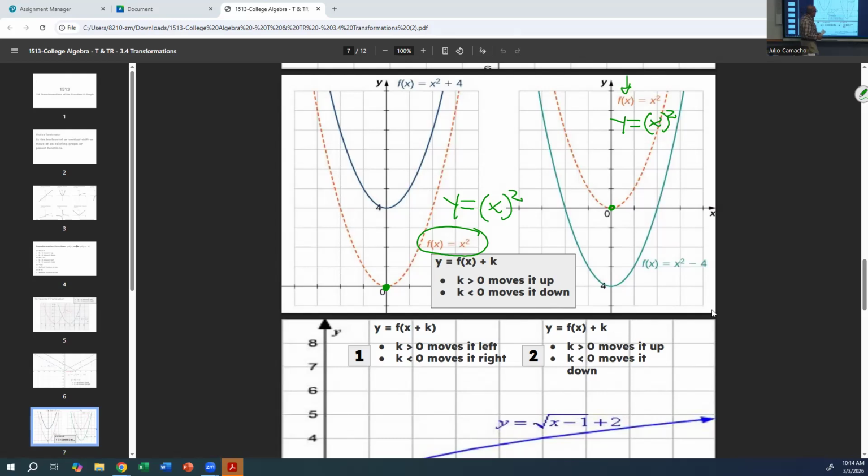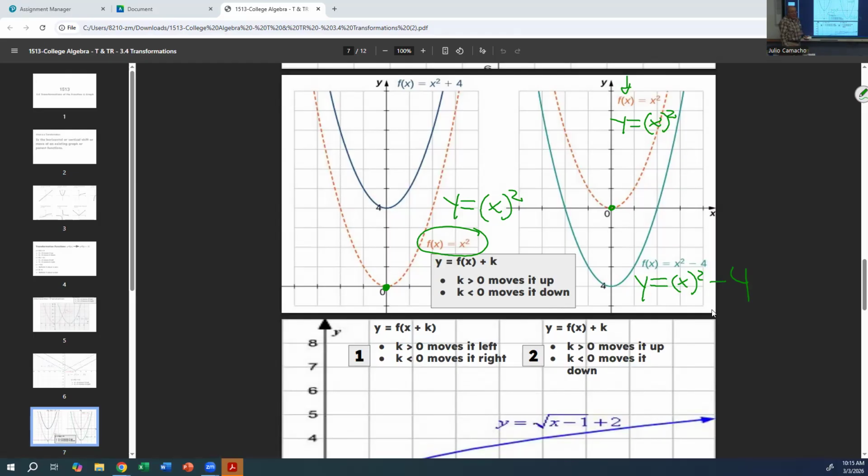So in this case, what happened? Now, do you have something? This equation is y is equal to x to the second power minus 4. This 4 is an h or a k? Who is inside of the function, the h or the k?